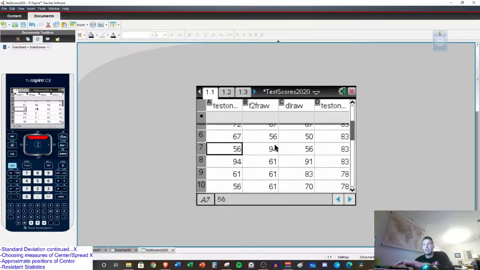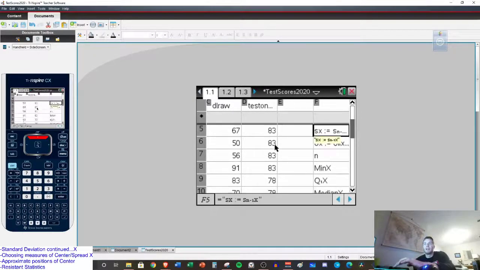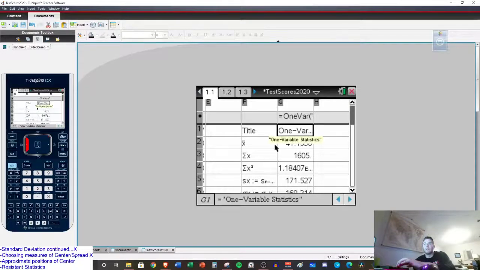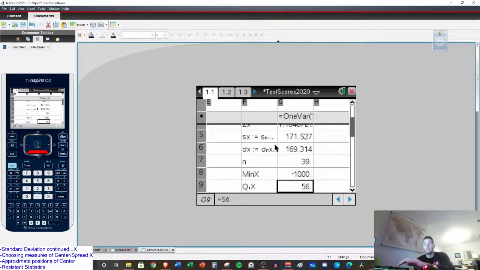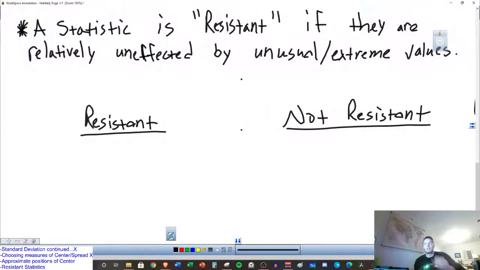I go back to that 56 and put negative 1,000, and it auto calculates back to the 41. So the mean is changing because of those outliers when the median is not. That's the idea of resistance versus not resistance. So we would say that the median is resistant, however, the mean is not resistant.